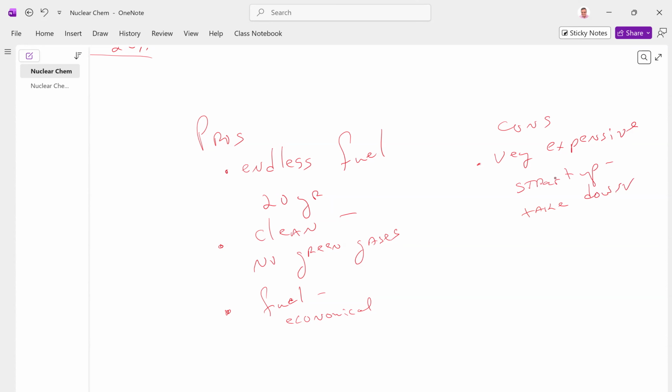What do you do when you don't want the nuclear power plant anymore? You have to take it down. Very expensive. They're also expensive to build. Waste product storage. What do I mean by that?